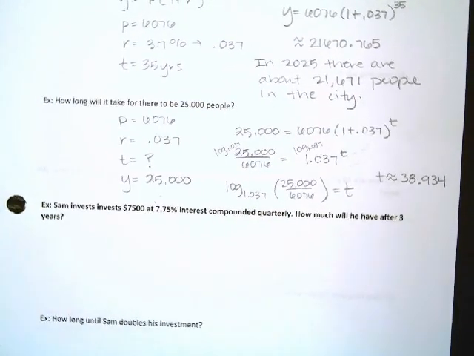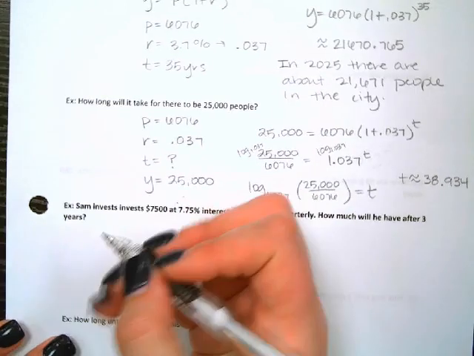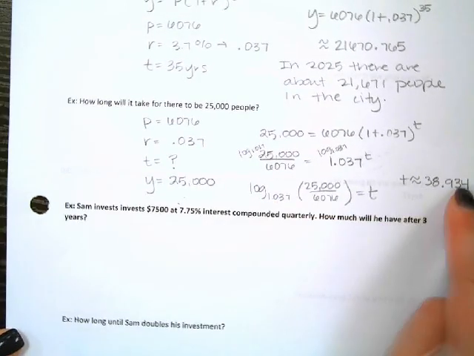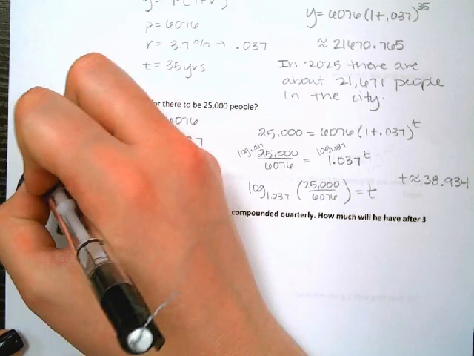Like you can have a portion of a year. Technically, we could probably break that down to months and days, but that's overkill. We don't need to do that. So I'm just going to say that it would take that many years to have 25,000 people.